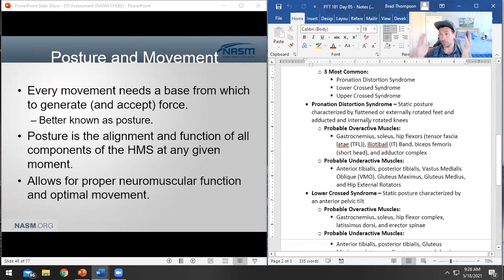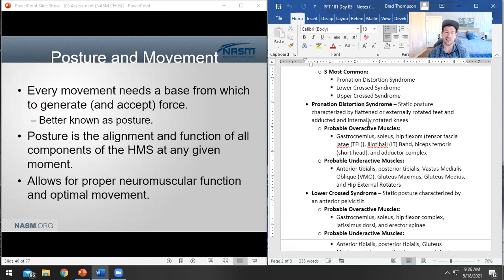When we talk about what posture is, a lot of people think it's how rounded your shoulders are, right? That is a version of posture, definitely an example, but it is not all of what posture is. Your posture is where any movement that you make is originating from.